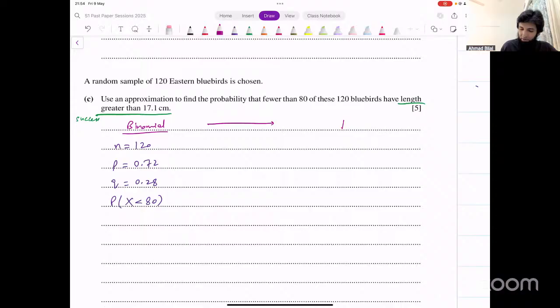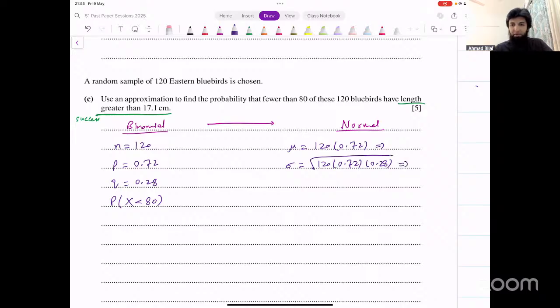Convert it to normal. We have to find the mean and the standard deviation. Mean, what does that turn out to be? N, which is 120, times p, which is 0.72. And standard deviation, which is 120 times 0.72 times 0.28, square root of that. What's the mean? 86.4.